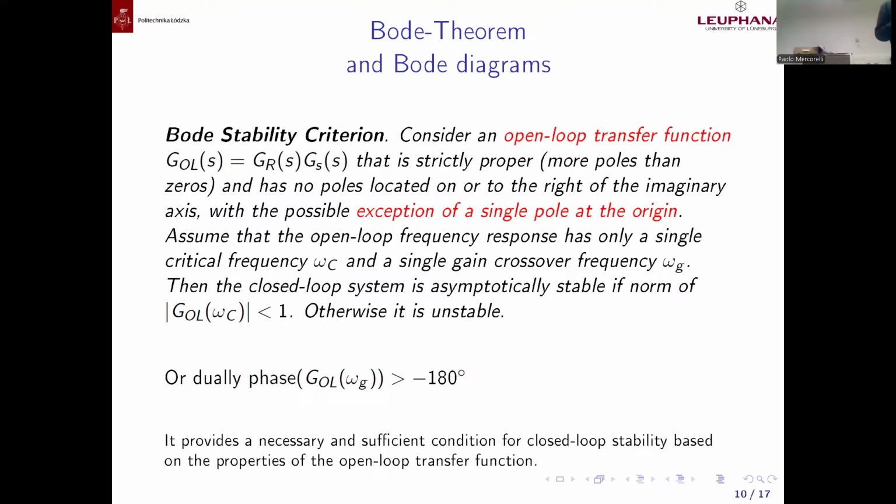No poles located on or on the right of the imaginary axis. This means no unstable system, as I told you exactly at the beginning. On the axis could be possible, but only a single pole. This means just one.